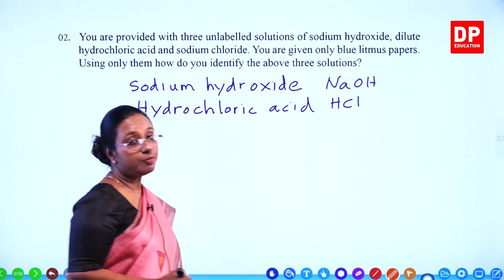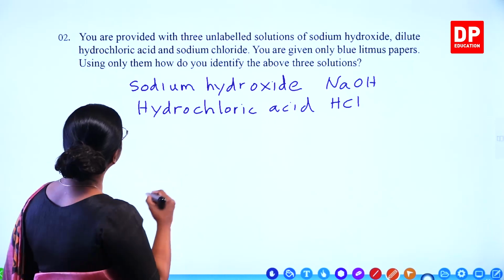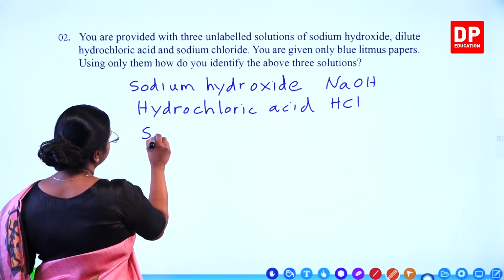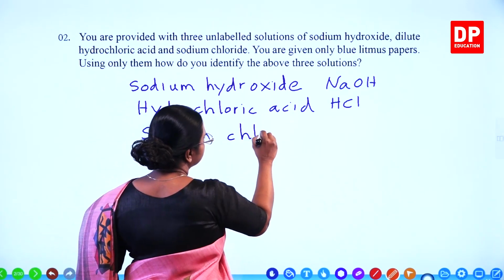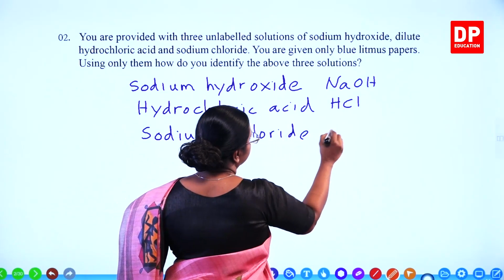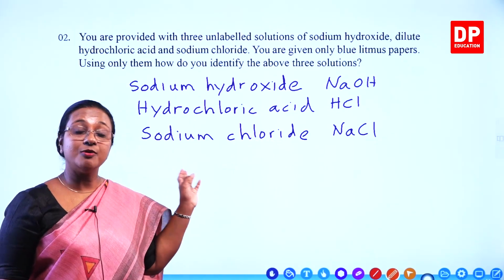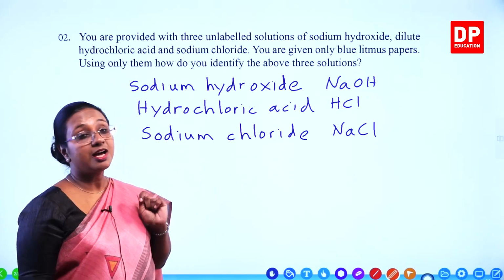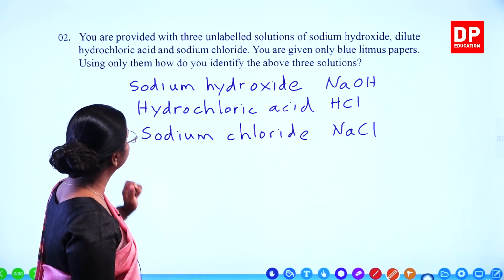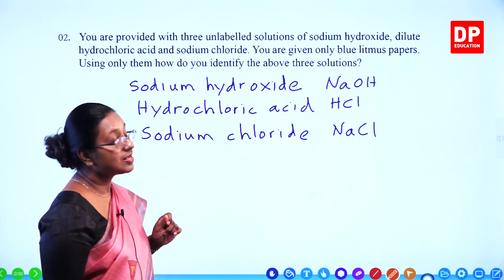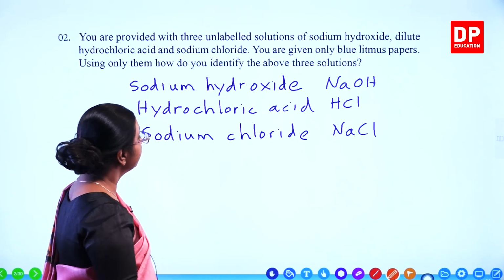Like I have told you all before, when you read the question, if you can note down the important points, it's easy. And sodium chloride, NaCl. Here, since you all are practicing, I am writing down everything. You can just write down only the chemical formula. So you can see one is a base, the other one is an acid, and the last one is a salt.